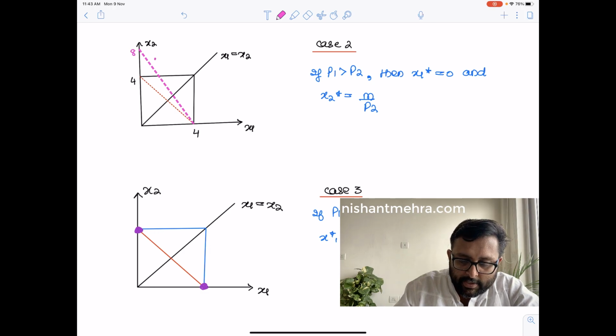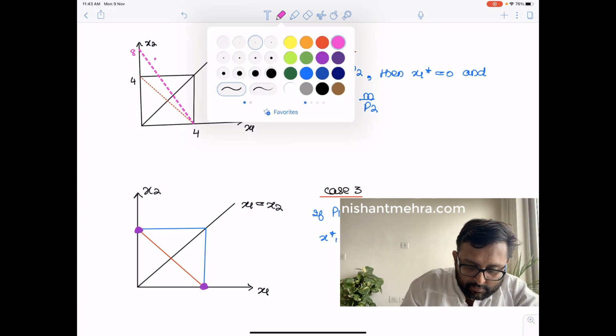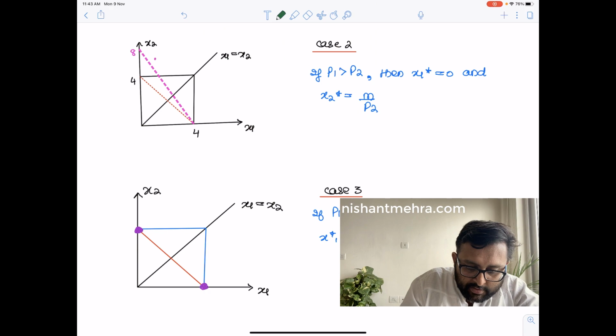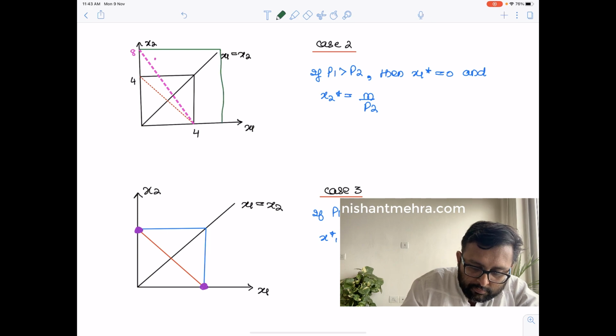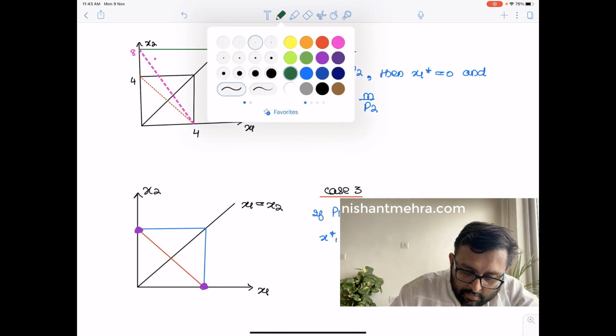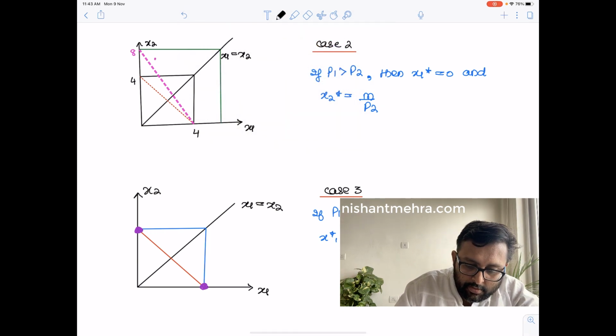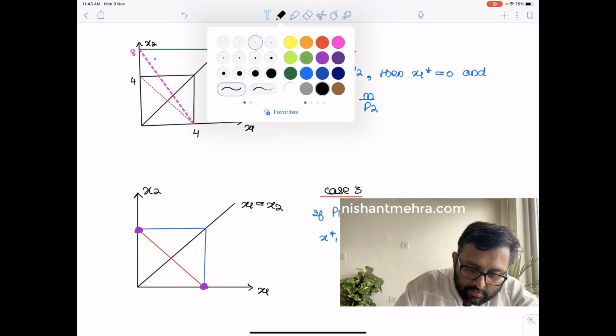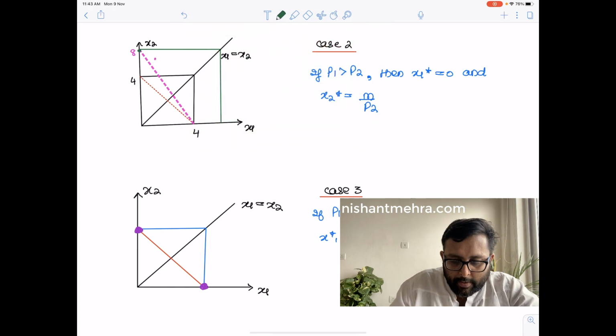And you'll ask yourself, what is the highest indifference curve you can draw? Is this the highest indifference curve given this pink dotted budget line? No. This one is the highest indifference curve, right? This one is the highest indifference curve, and you're consuming here only.